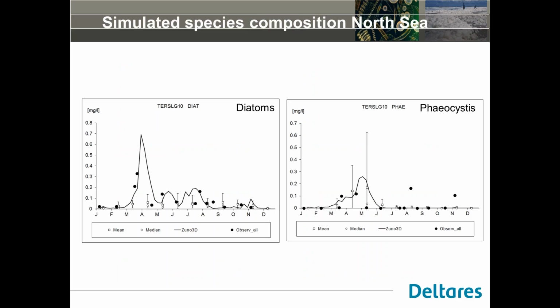Here are two pictures of the species composition for diatoms and Phaeocystis. Again, there's a good model result.